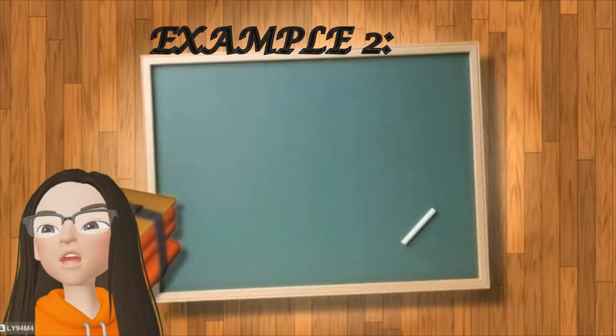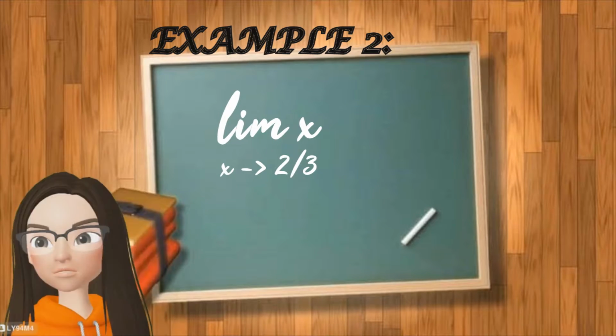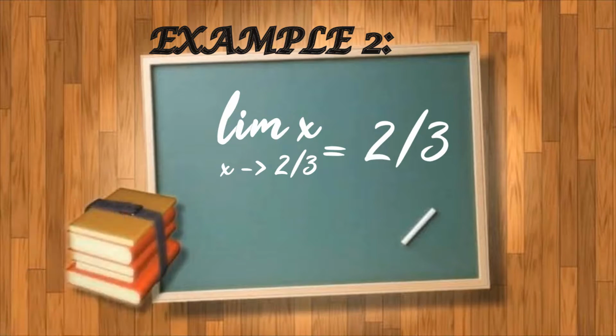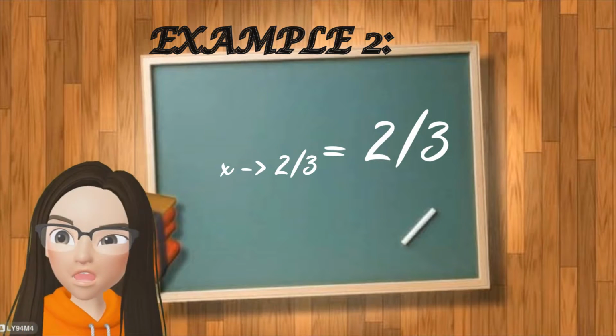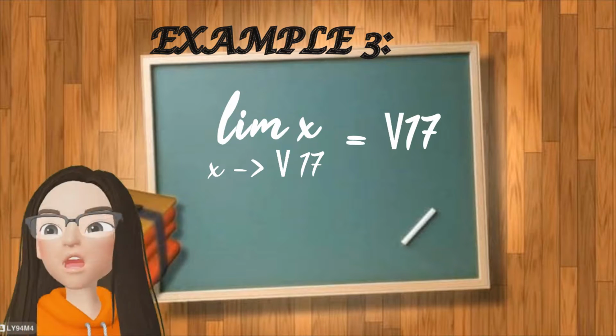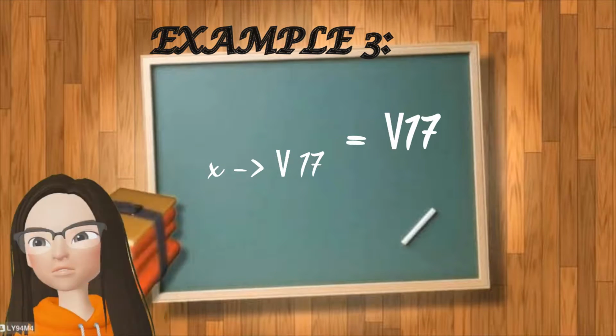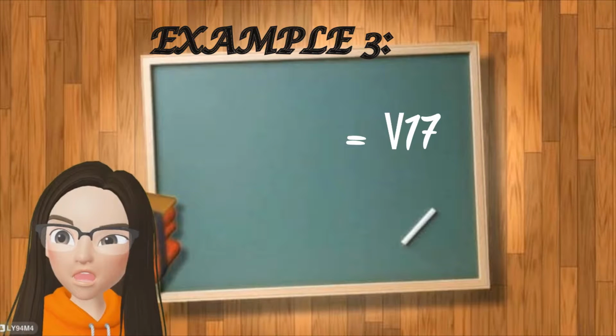Second example, the limit of x as x approaches 2/3 is equal to 2/3, so the limit is 2/3. The limit of x as x approaches square root of 17 is equal to square root of 17, where the constant is square root of 17, so the limit is square root of 17.